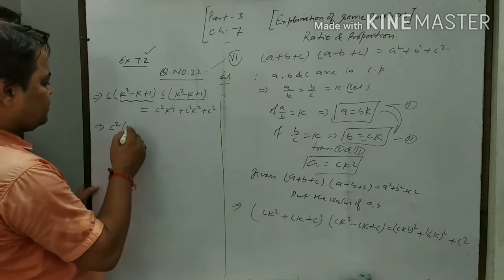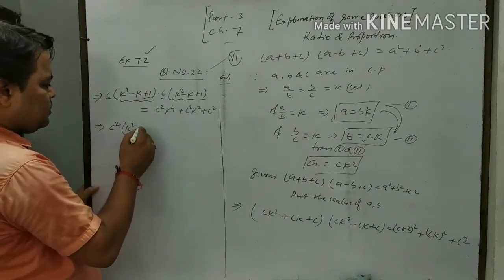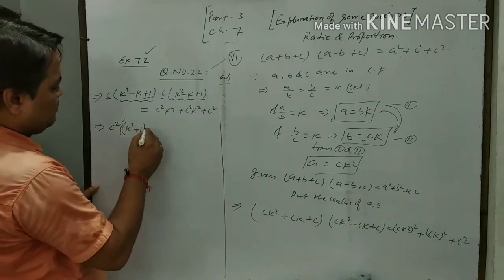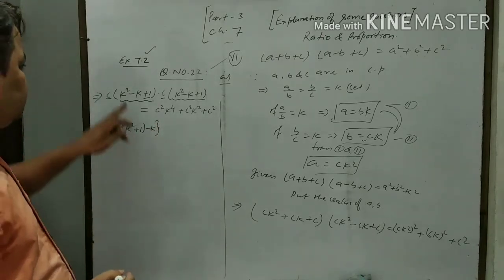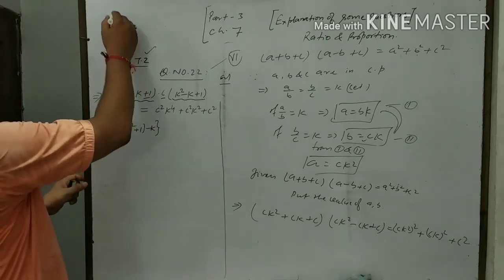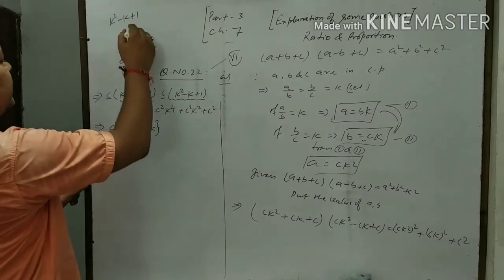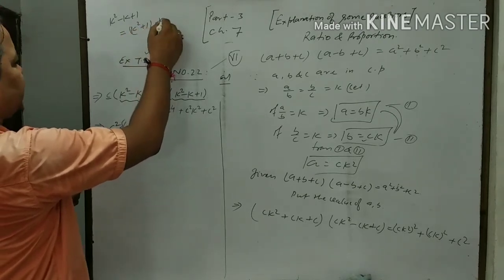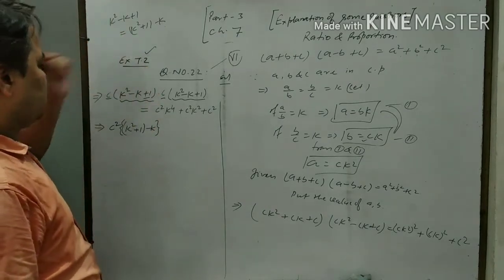K square plus 1, like that, minus K. Can we write this K square minus K plus 1 as K square plus 1 minus K? Any doubt? I think there should be no doubt here.